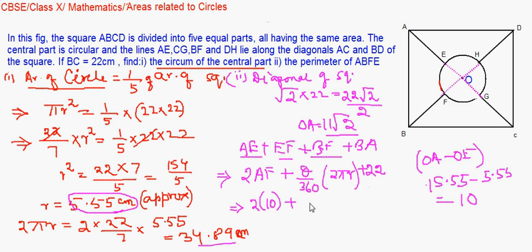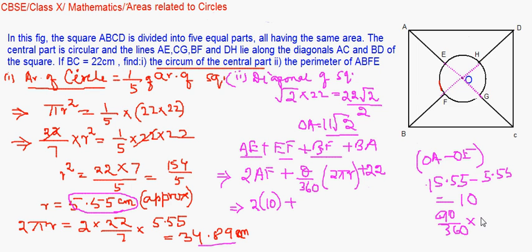So I'll write twice of 10 plus theta by 360. Theta there will be 90, since the diagonals are perpendicular bisectors. So this is 90 by 360 into 2 pi r.